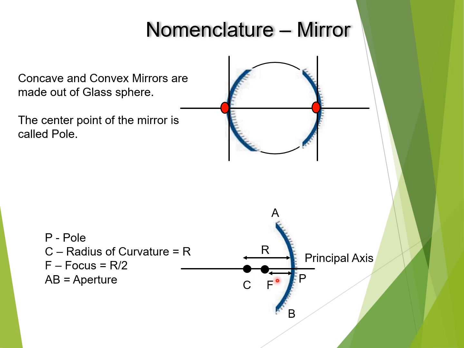And if we divide this radius of curvature by 2, then we get the focus of the mirror.